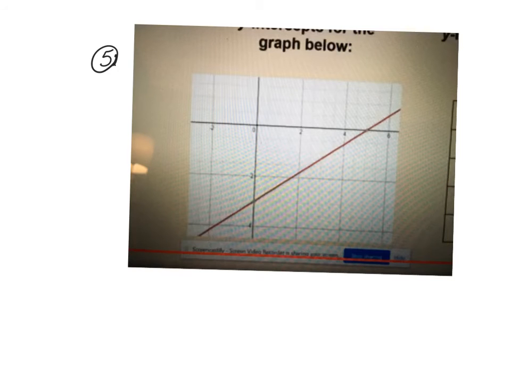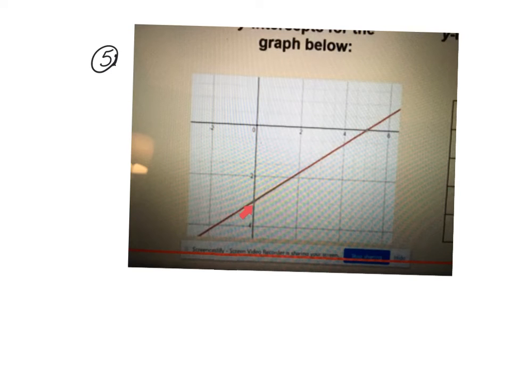Okay, so number 5 says find the x and y-intercepts for the graph below. So you have a graph, and you've got to find out where it crosses the y-axis and where it crosses the x-axis.